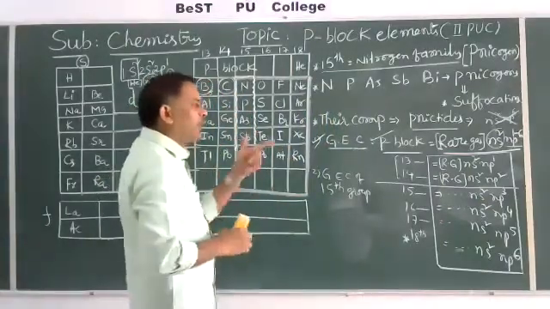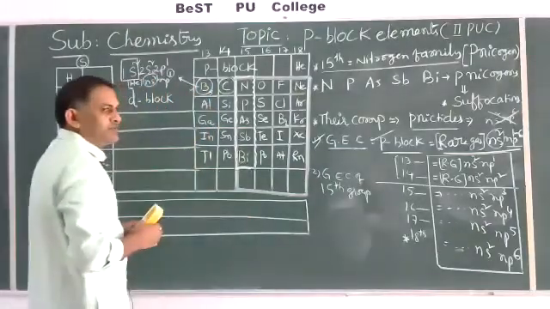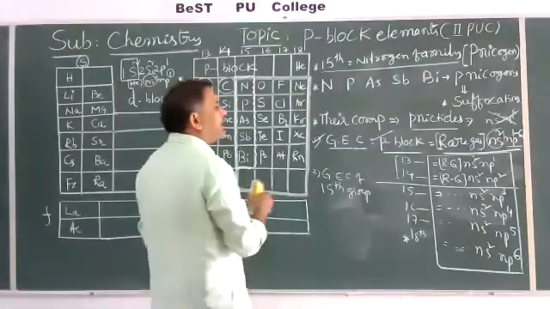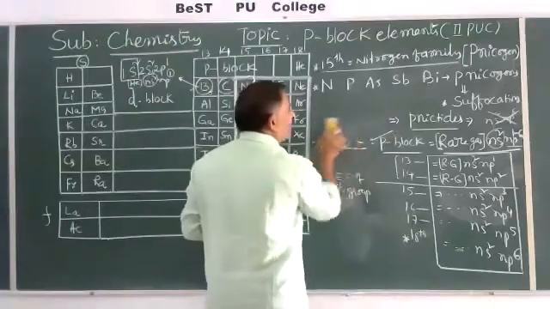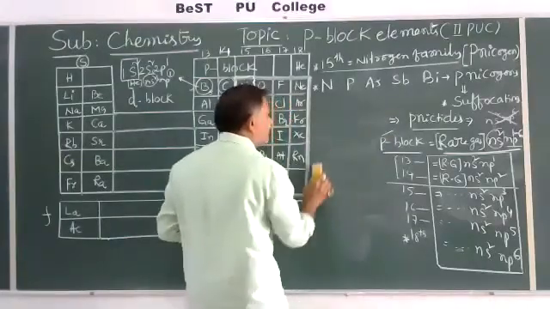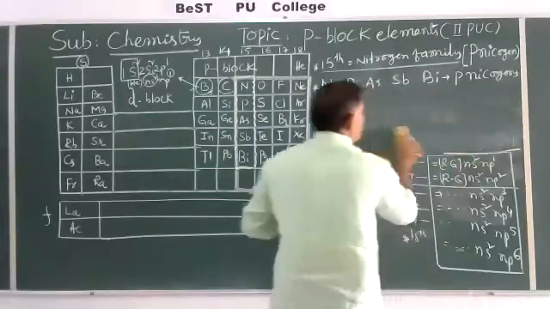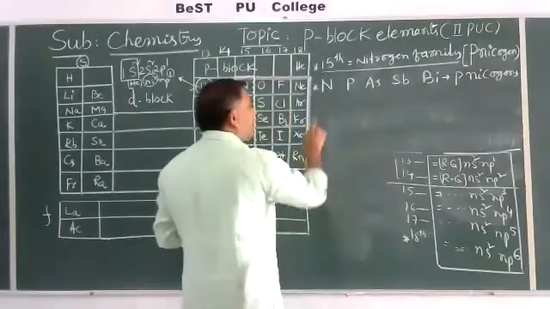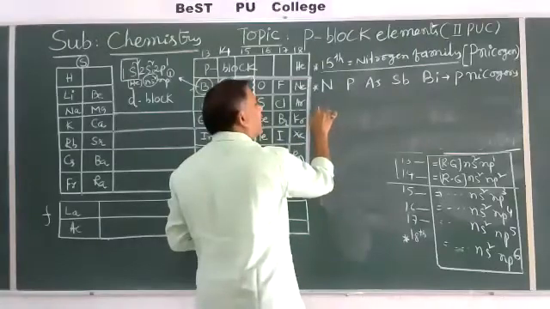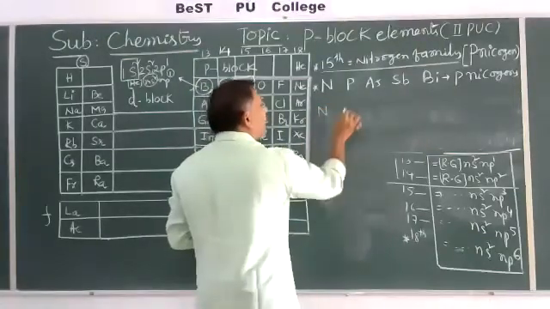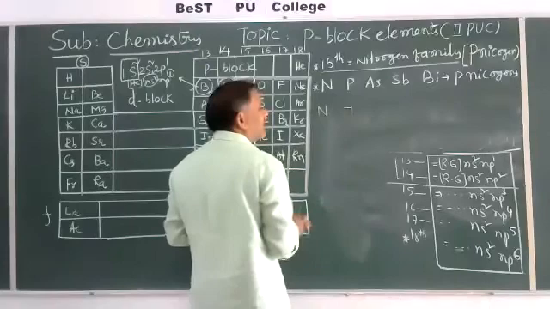Anyhow, on the basis of their electronic configuration, I will write these 5 elements' electronic configuration, the general electronic configuration of these 15th group elements. The element is nitrogen, atomic number 7.